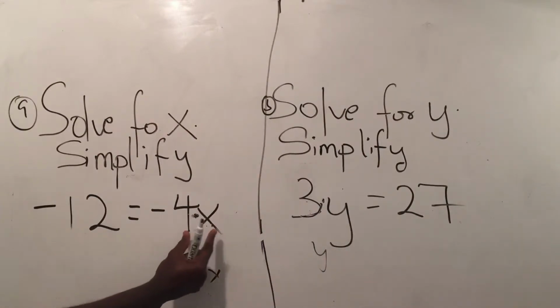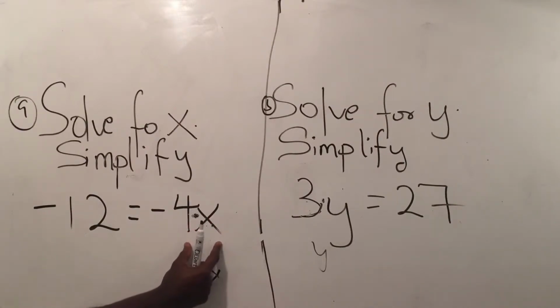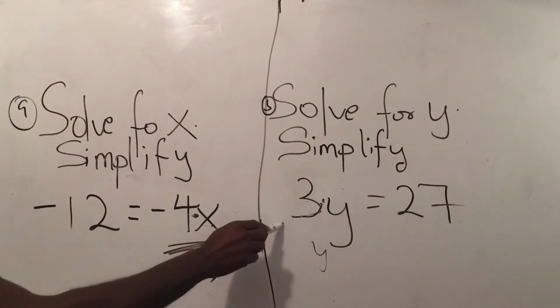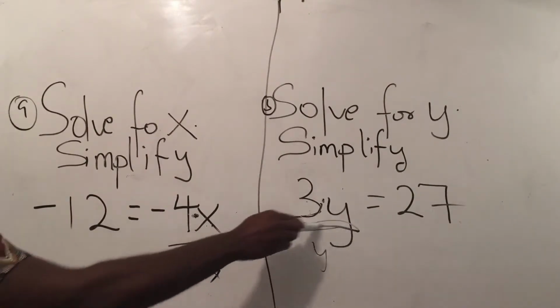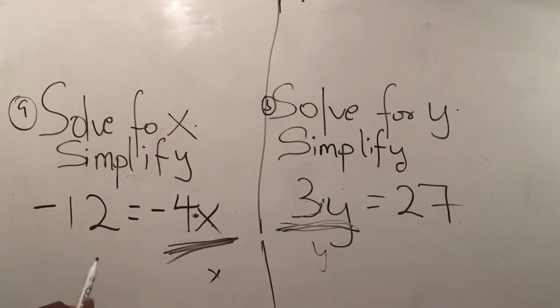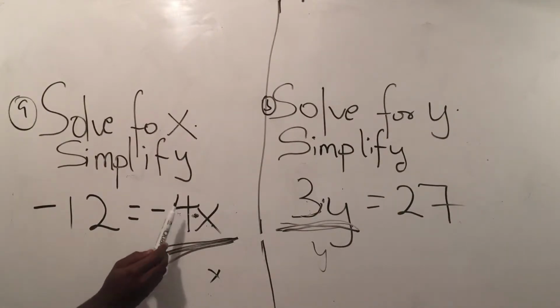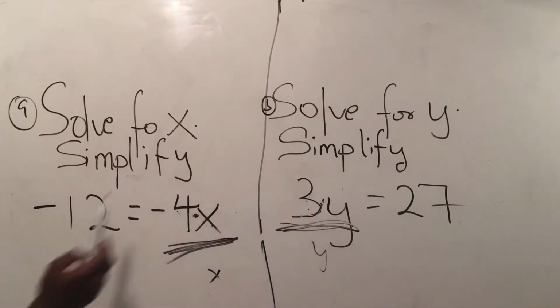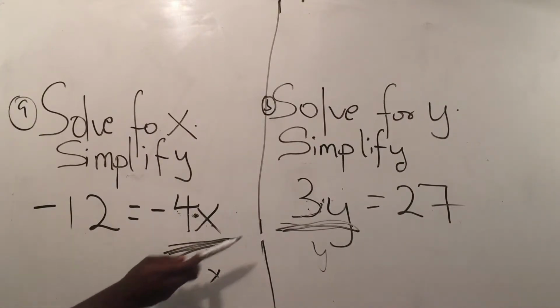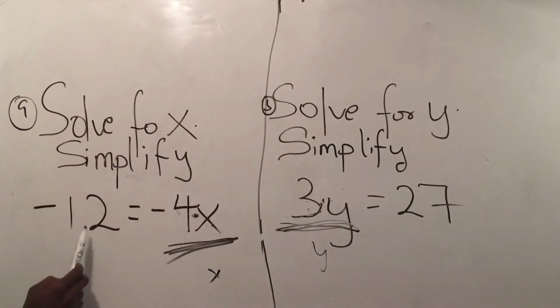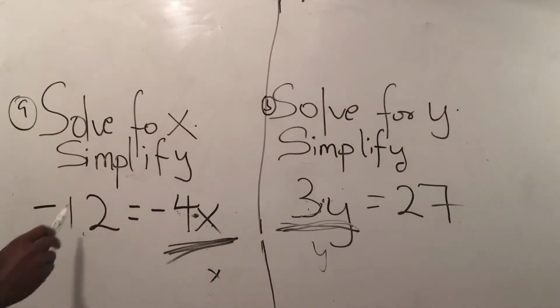Whenever you have something like that, the only way to get the variable by itself is to divide. Same thing here. But divide by what? Divide by the number with the variable. And whatever you do on one side, you do the same thing on the other side. And then you just cancel and simplify.